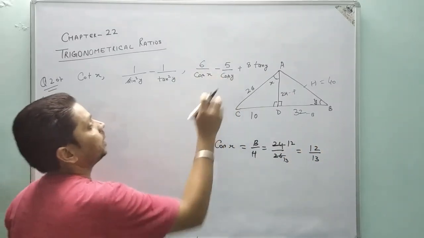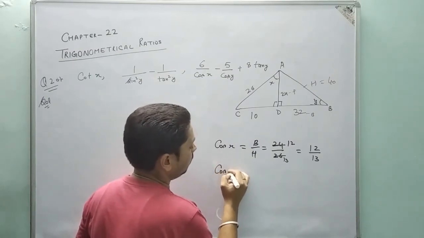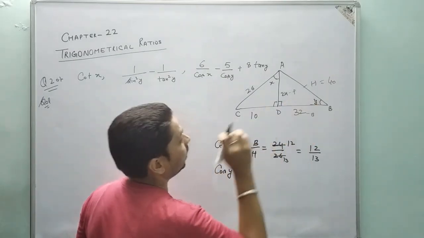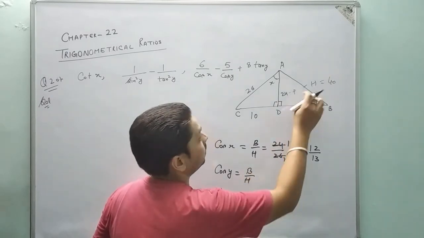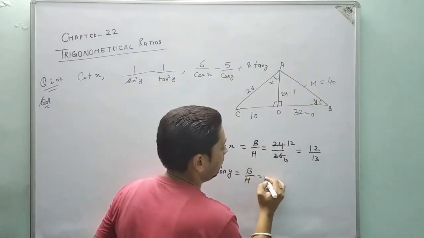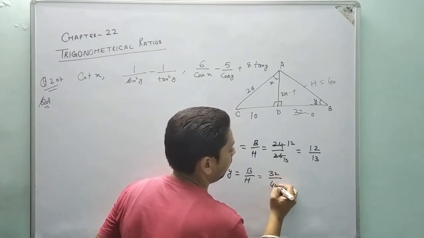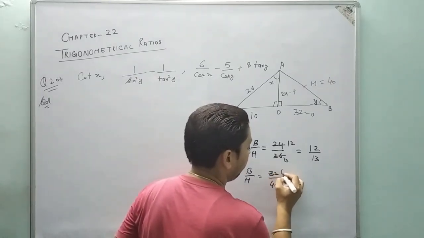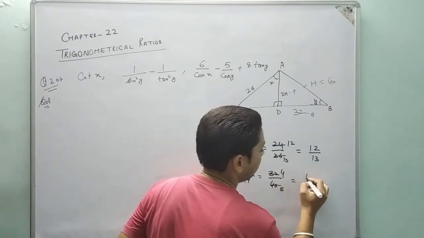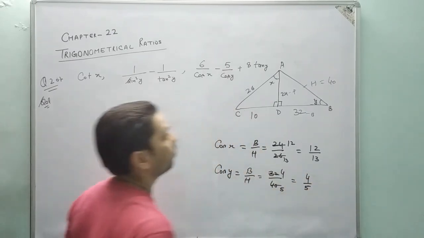Then we have to find the value of cos of y. For cos of y, we have base upon hypotenuse. This will be your base, 32 upon 40. 32 upon 40 is 4 over 5. This will be your 4 upon 5.